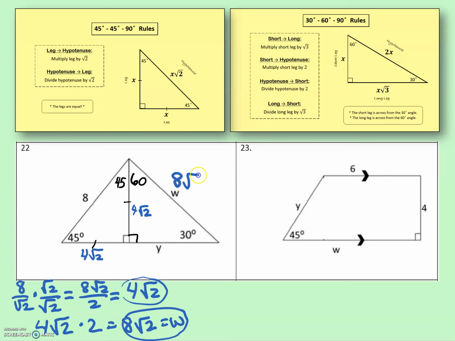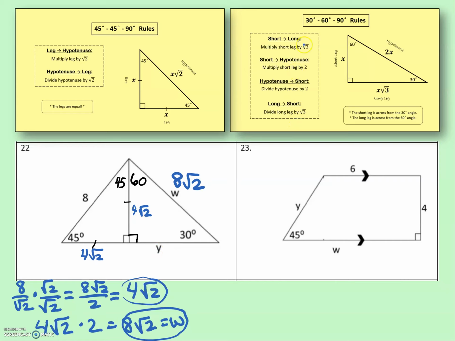And y would be the long leg. So to get from the short leg, there's no option from hypotenuse to long leg, if you look here, but you can get from the short leg to the long leg, and we have that information, so we're good to go.